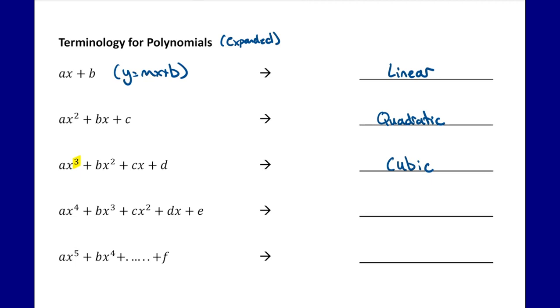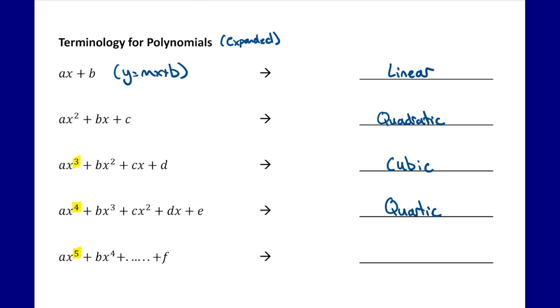This is what we would call a quartic function. And again, the main characteristic of this one is the exponent 4. In the next one, it's the same idea. We're adding a term and increasing the exponents. So this one has an exponent 5.